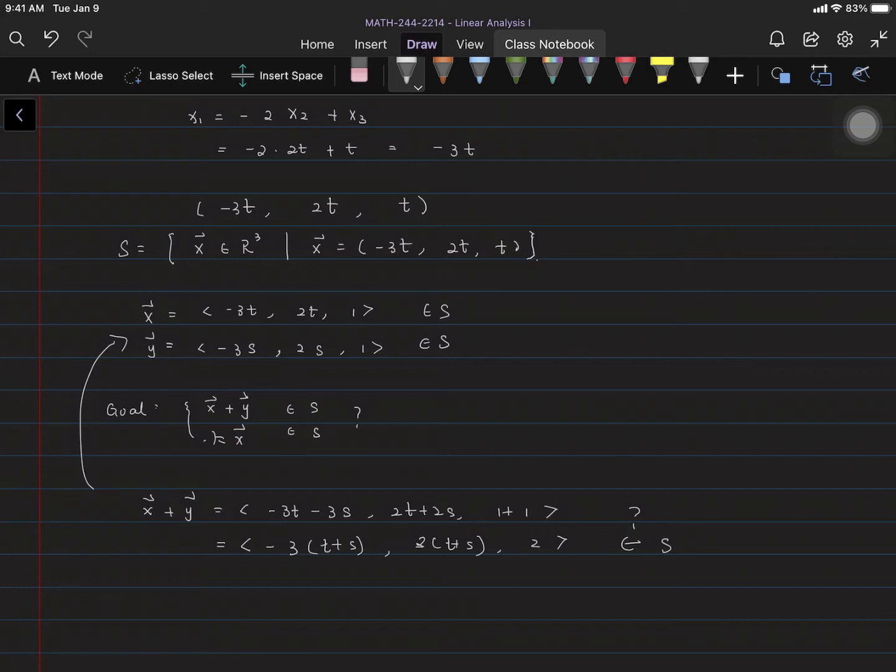Definitely not, because of the last component. The first two satisfy this kind of form, negative 3 times that one and 2 times that one, right?